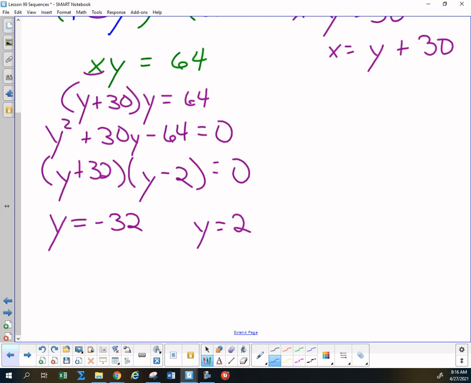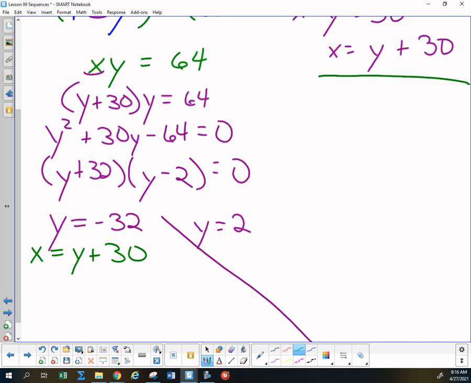So I have got to do case 1 and case 2. So if y is negative 32, x is y plus 30. So negative 32 plus 30 means x could be negative 2.